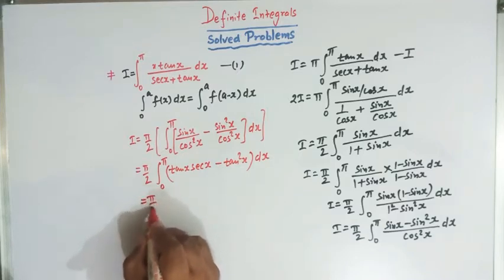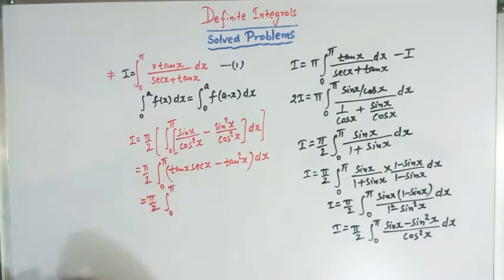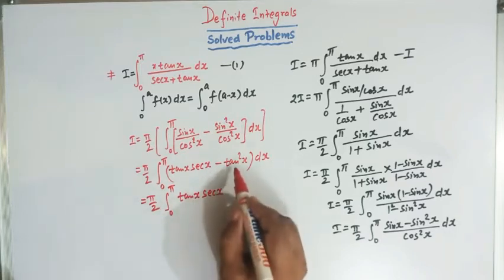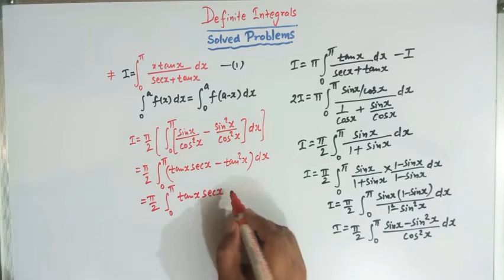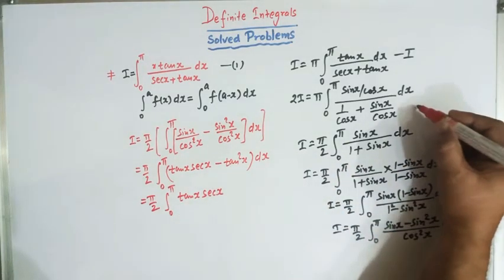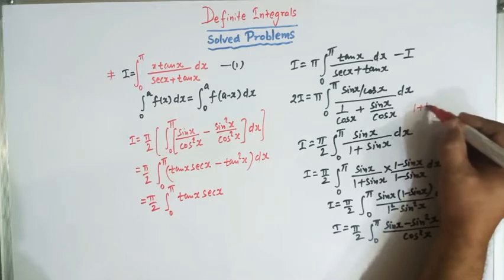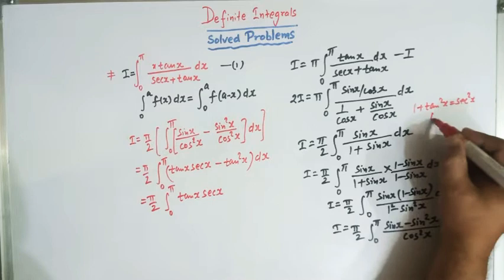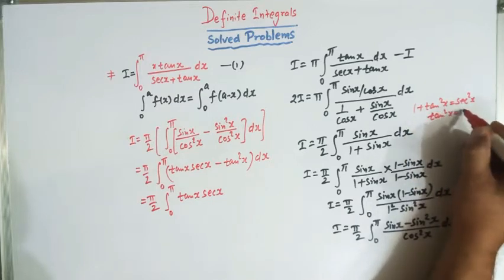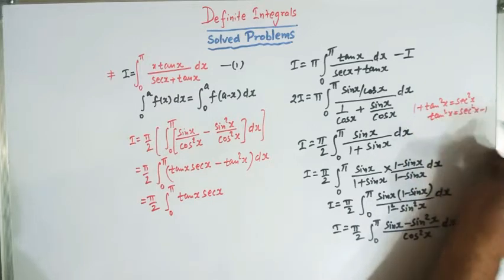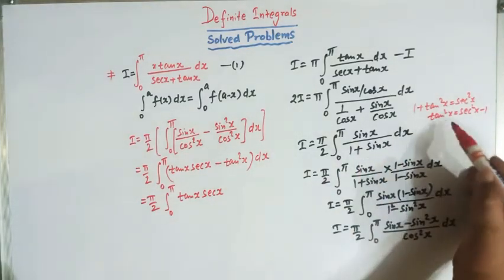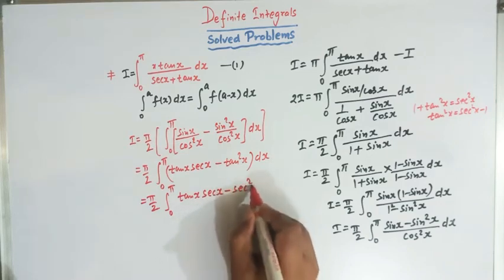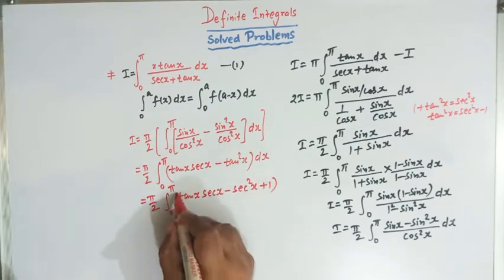So this is pi by 2, the integral from 0 to pi of tan x sec x minus tan square x. Since 1 plus tan square x is sec square x, tan square x is sec square x minus 1. Substituting the value of tan square x here, we have minus sec square x plus 1.